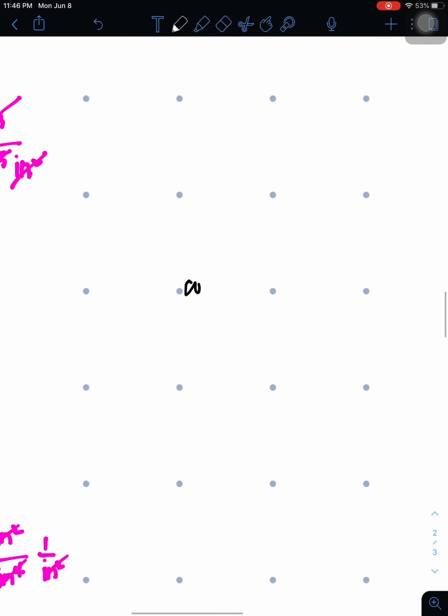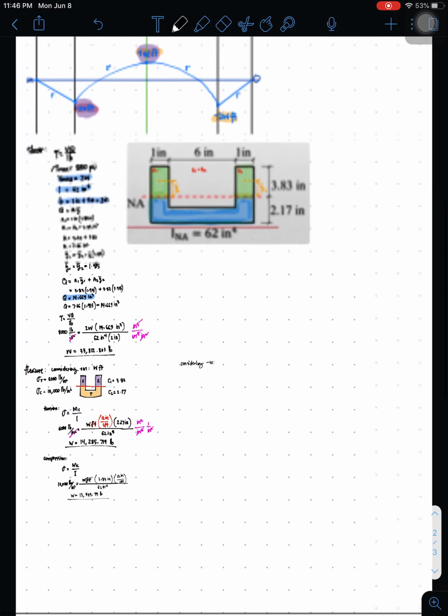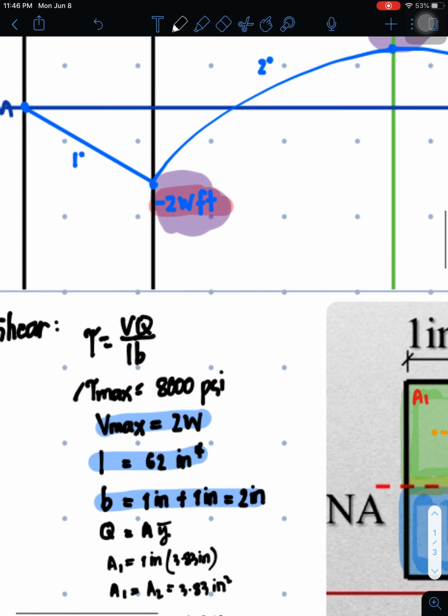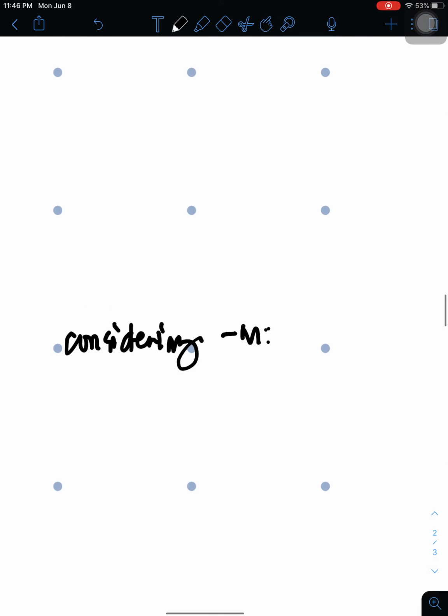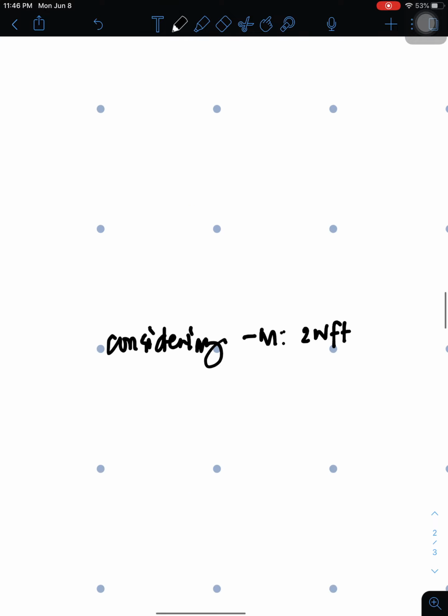Let us now consider negative moment. So what is the value of our negative moment? It's 2W feet. I won't write the negative sign anyway; there's no such thing as negative flexure.